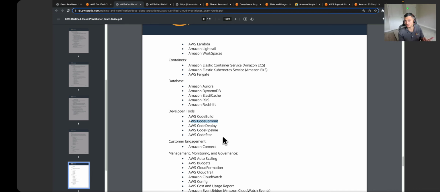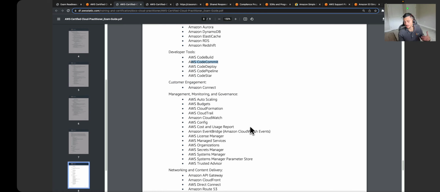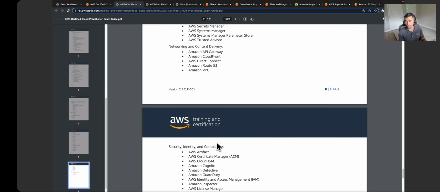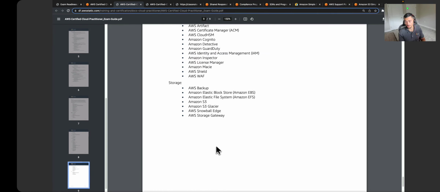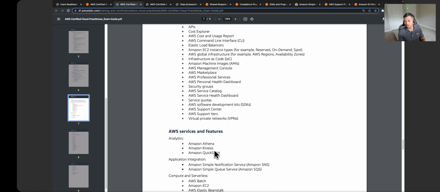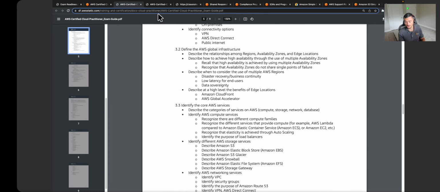It's our managed Git source control service, things like that, right? So on a high level, these are potential services that could be asked about. So you should have an understanding about what each and every one of them do, right? And that's it. That's all I wanted to add.